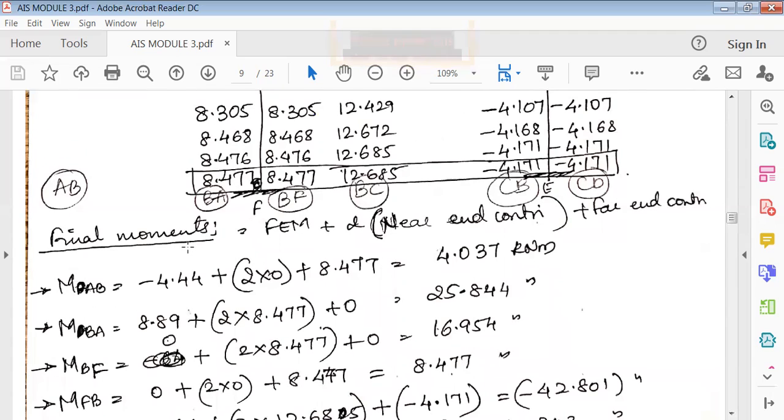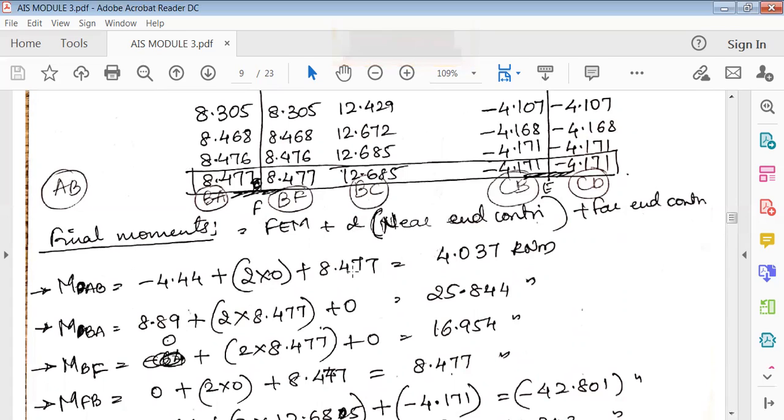Fine. Next is the final moments. The final moments are fixed end moments plus 2 times near end contribution plus far end contribution. Because it's a column, you cannot draw the table here, so just put this formula. Then you can write MFAB is equal to fixed end moment, which we already calculated, plus, with respect to AB there is no near end, but with respect to AB the far end is BA.